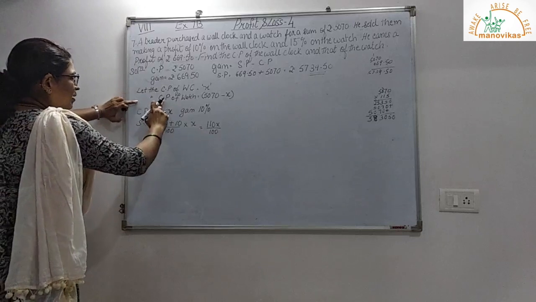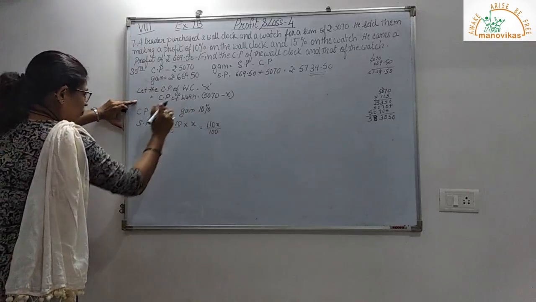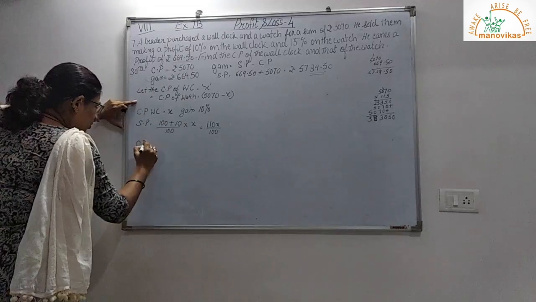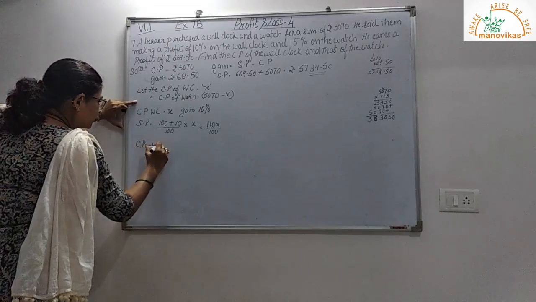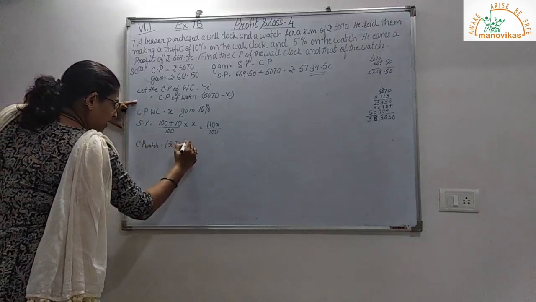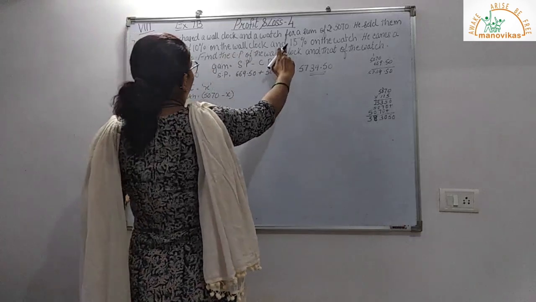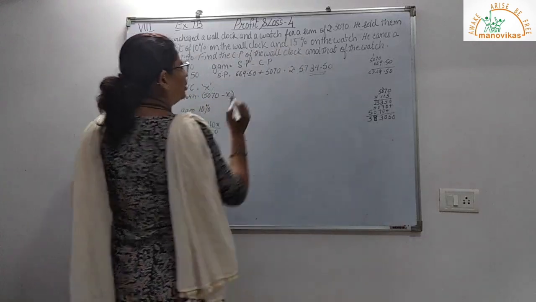Now in the second case, the selling price of the watch. The cost price of the watch is equal to 5070 minus X, and it was sold at a gain of 15%.